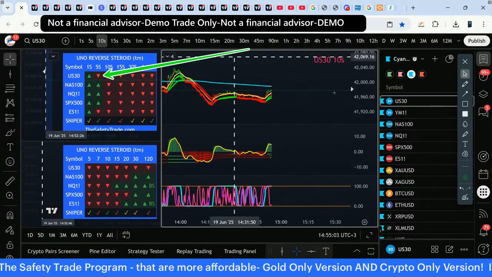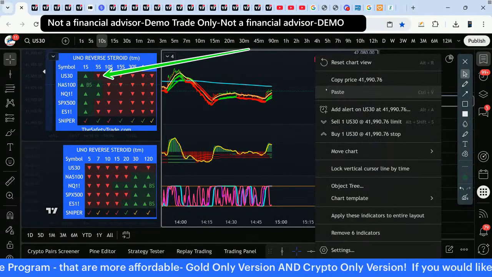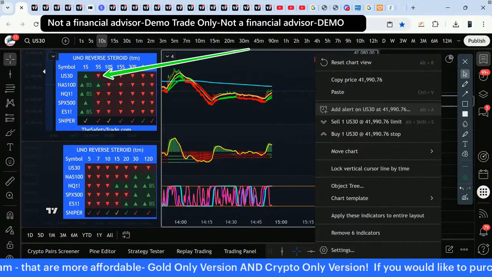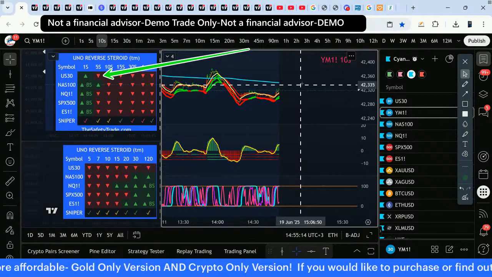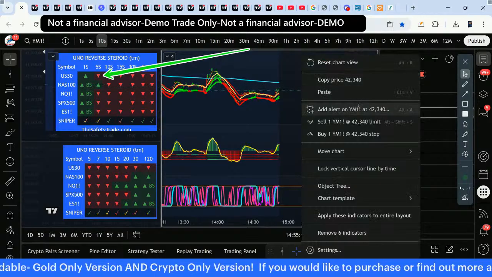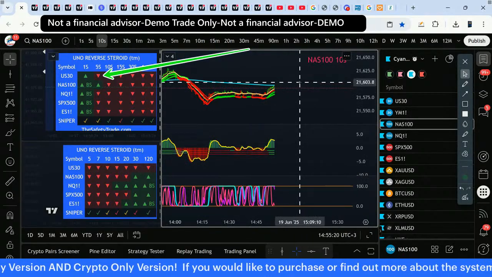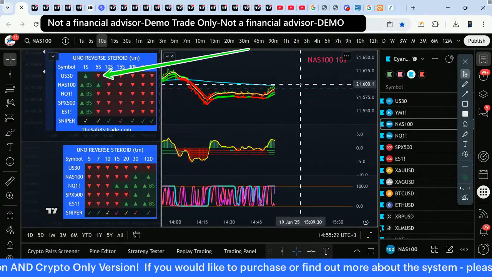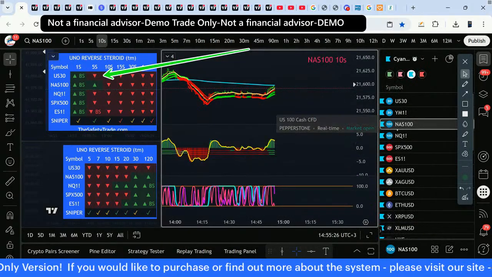Next up on the agenda, 5-second and then 10-second. 10-second buy stop for US 30 to the blue line. 10-second buy stop, YM1 to the blue line. NAS to the 10-second blue line. It's already done it. It's going to do it again. And the markets are 100% predictable.